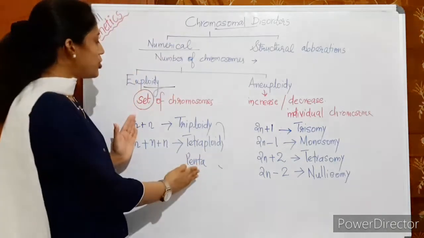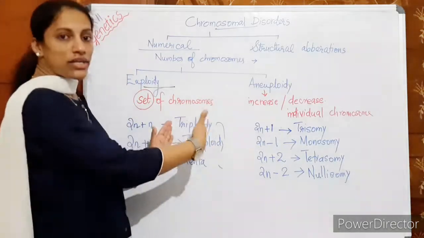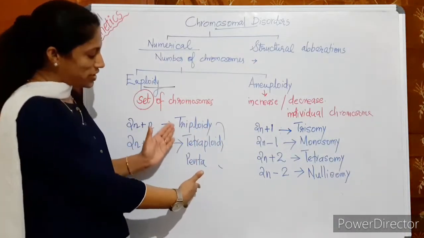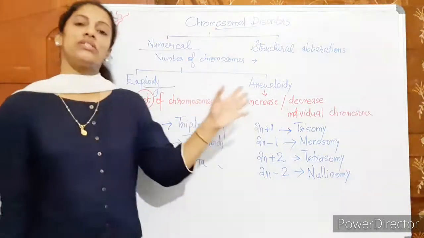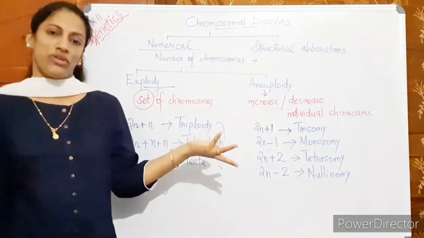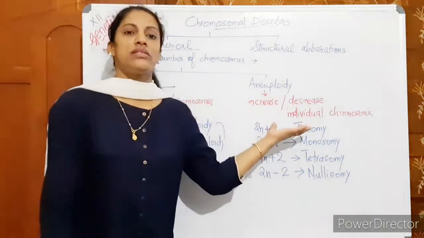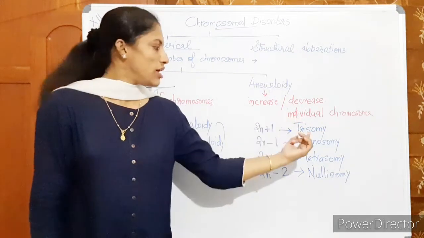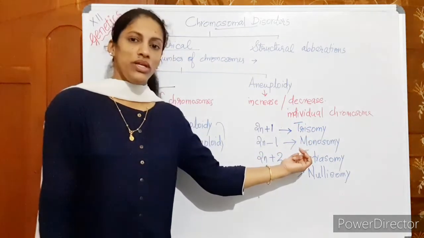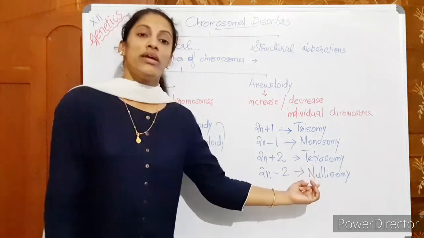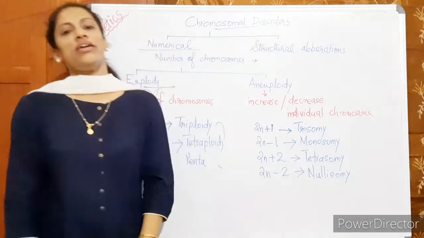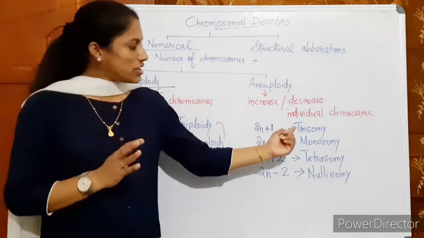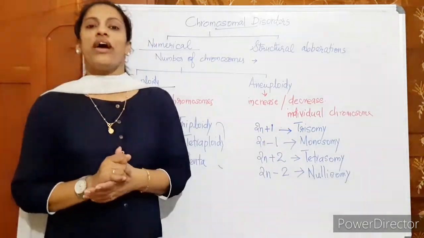The first case is euploidy. We call the increase polyploidy. All these are examples of polyploidy: triploidy, tetraploidy, pentaploidy. Everything represents polyploidy, an increase in sets of chromosomes. Then the second case is aneuploidy. Individual chromosomes are added or lost. Trisomy, monosomy, tetrasomy, nullisomy, etc. are examples. And in detail, you have these two cases, trisomy and monosomy.